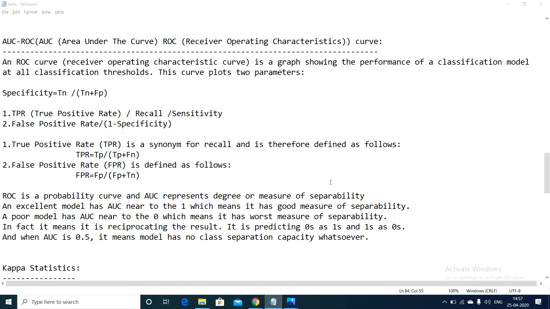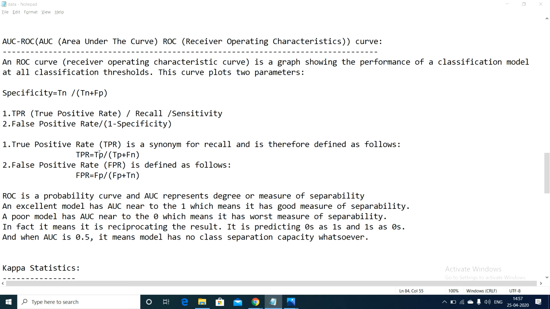What exactly is the true positive rate? True positive rate is nothing but recall. Recall or TPR is the same. TPR is nothing but true positive rate. What is true positive rate saying?